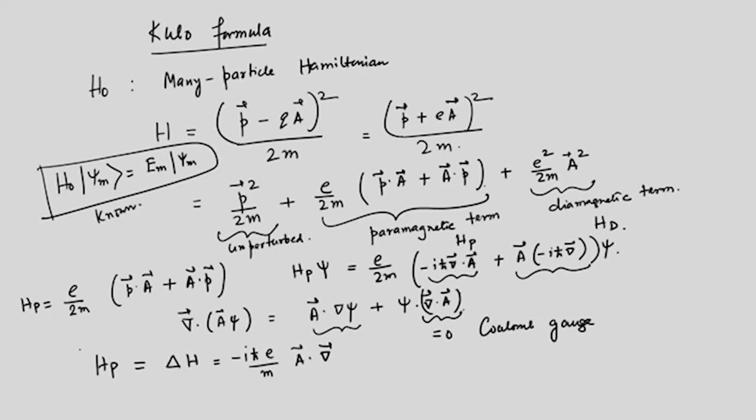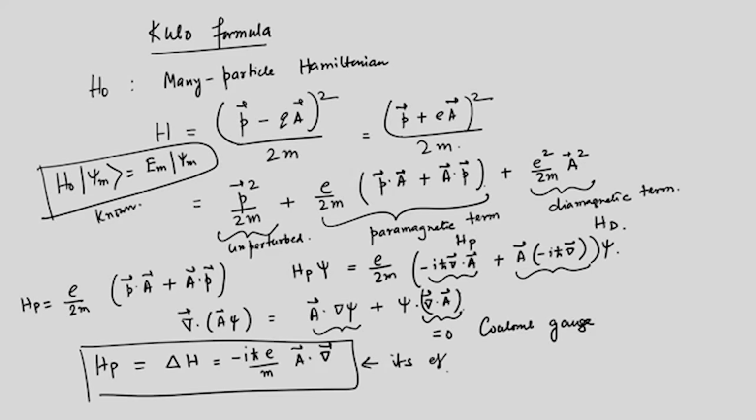We want to consider its effects on psi_m, which is the unperturbed state. So, we are really doing perturbation theory, but in this case it is slightly different notionally from the perturbation theory that you might have learned in your second course of quantum mechanics, or even in the first course.